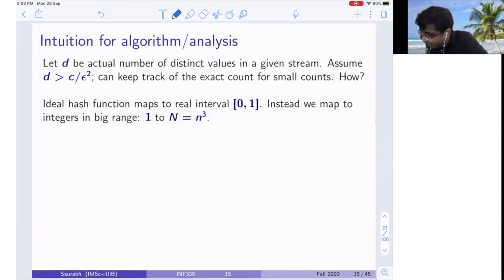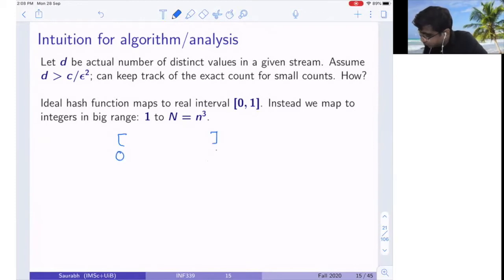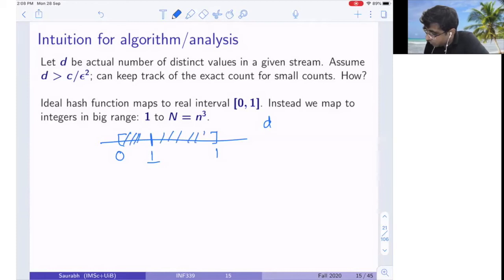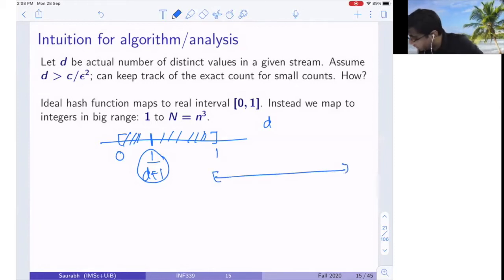When we were mapping into 0, 1, what did we see? If there were D distinct numbers, the minimum was partitioning the interval into 1 over D plus 1 parts. And that is why we took the minimum and did everything. But now think of this, as I told before, as 1 over N, 2 over N, 3 over N.